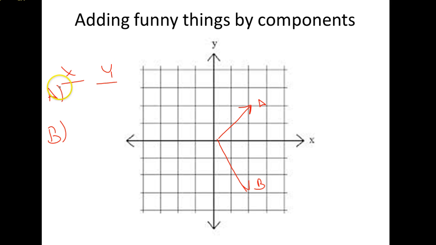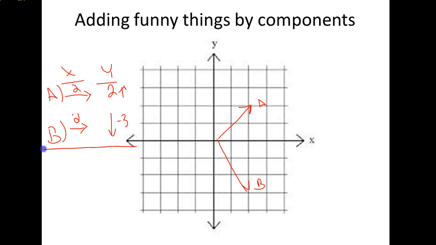For A, it's got an x component of 2 to the right, and a y component of 2 in the upward direction. For vector B, it also has an x component of 2 to the right, but it has a y component of -3 in the downward direction, which is what that negative indicates.